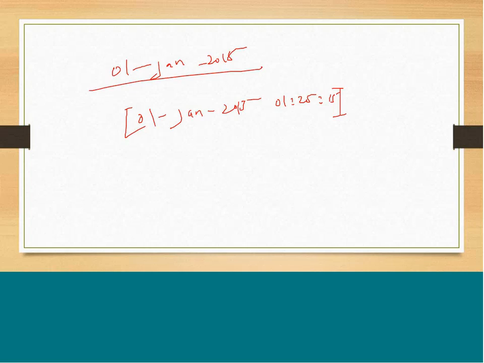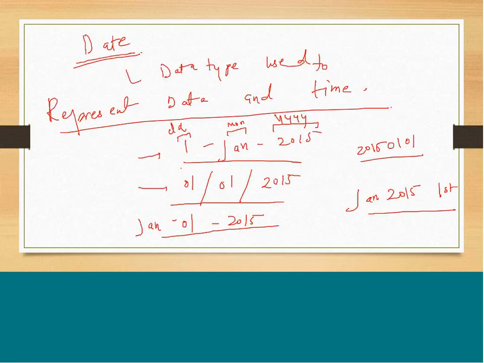Now going back to my previous slide. This particular format will be written as DD MON YY. Just pay attention to the way I am writing it. This particular format will be represented as DD YY. Could you help me with this one?